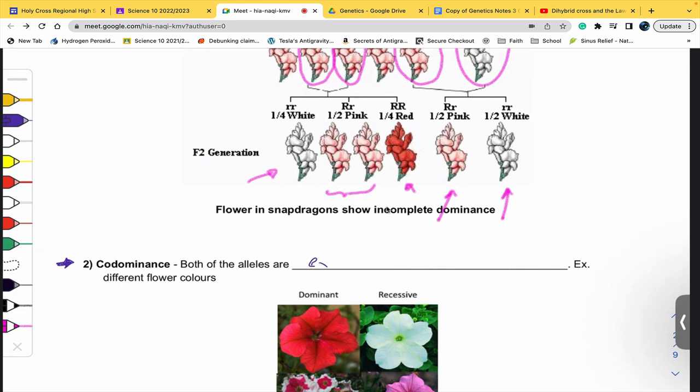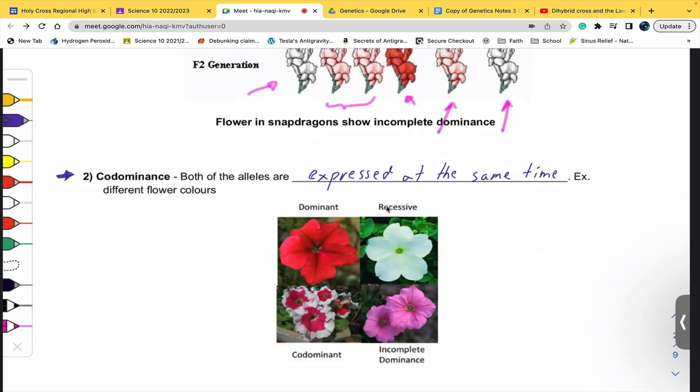So both alleles are expressed at the same time. Okay, so here you go. This is an example here of codominance, both colors being expressed.